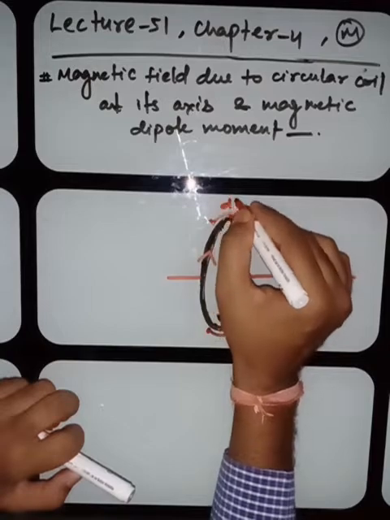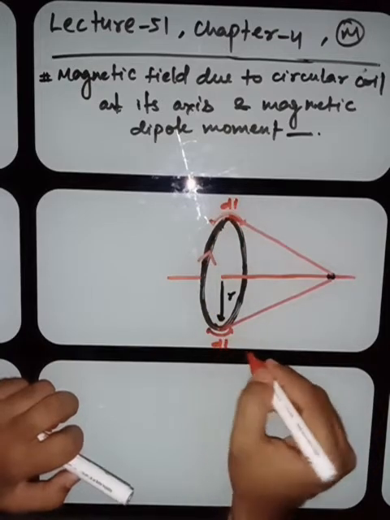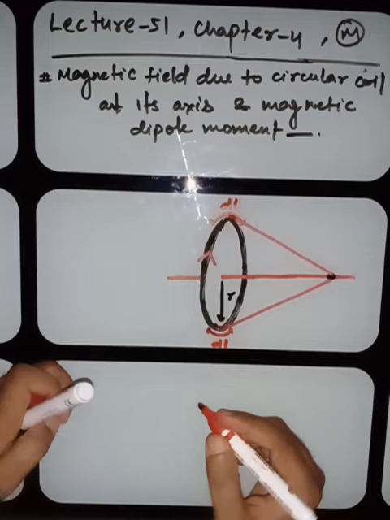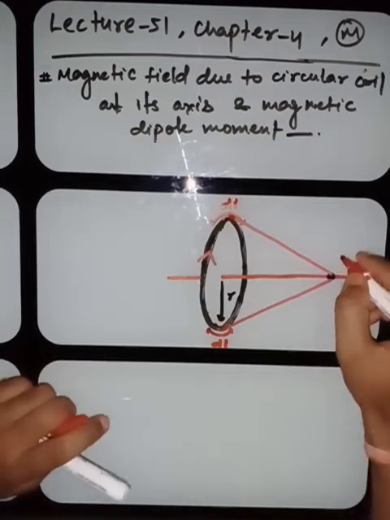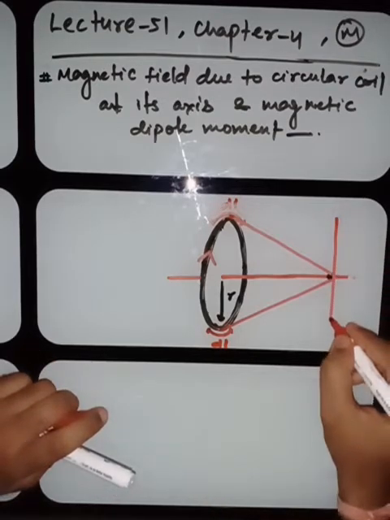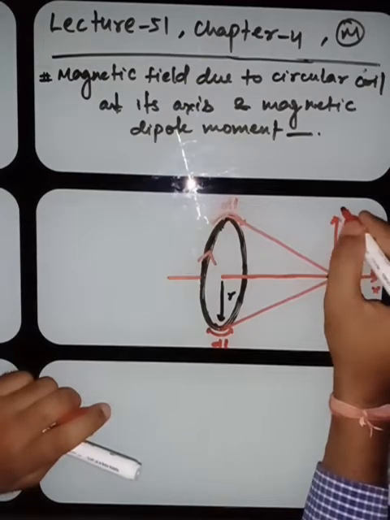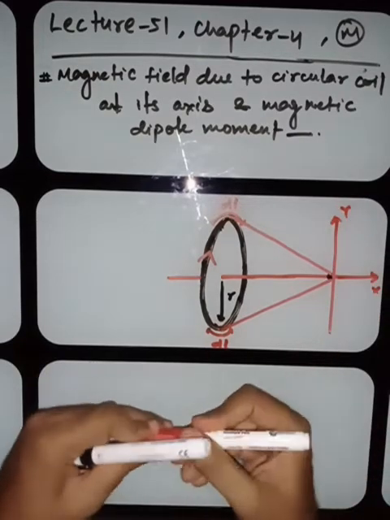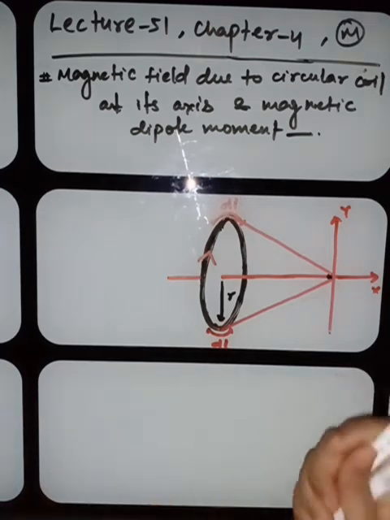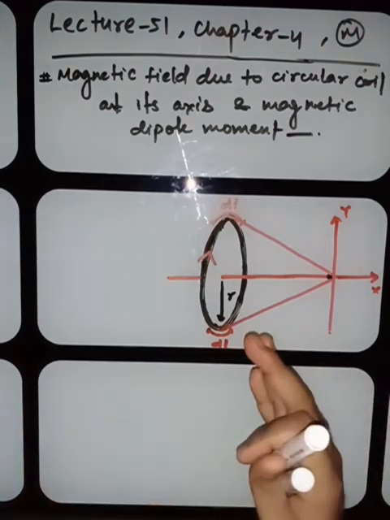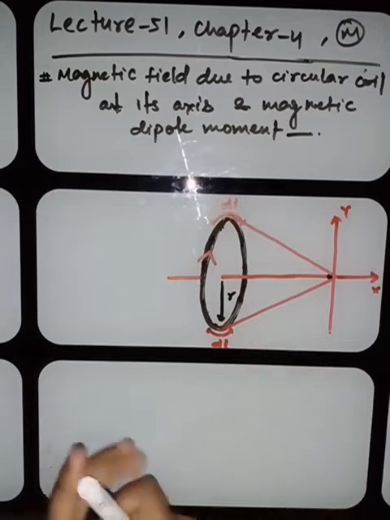Suppose this is DL and this is also DL, that is the elemental length. My dear student, this is our observation point. This is the axis, X and Y. Okay, I have put. Now be careful here, concentrate over here.